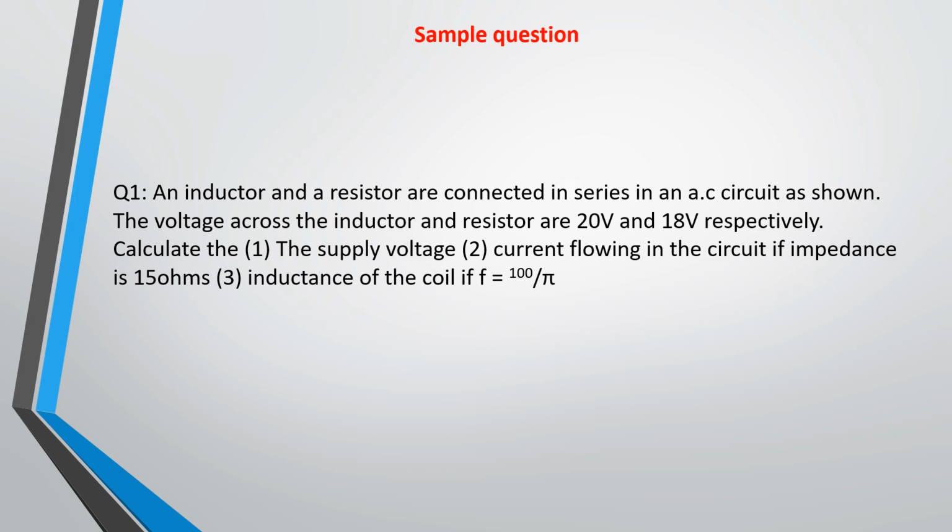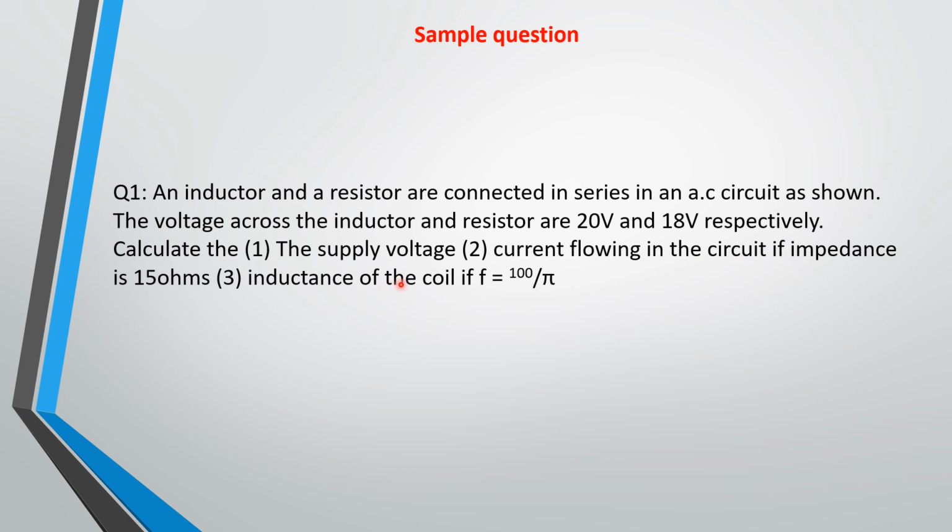Okay, so in this particular question, the question says that an inductor and a resistor are connected in series in an AC circuit as shown. The voltages across the inductor and resistor are 20 volts and 18 volts respectively.